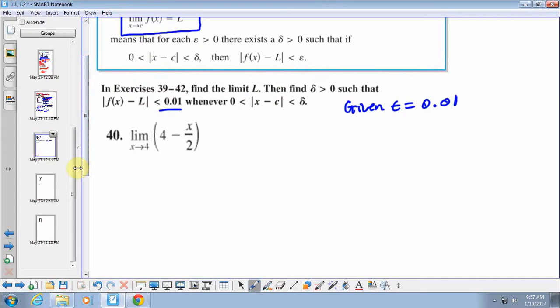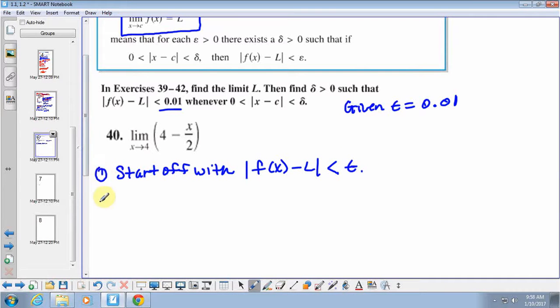So what does this mean? First of all, we're going to start off with the absolute value of f of x minus L is less than epsilon. And then we're going to do some work, a lot of stuff. Do some work may encompass a lot.